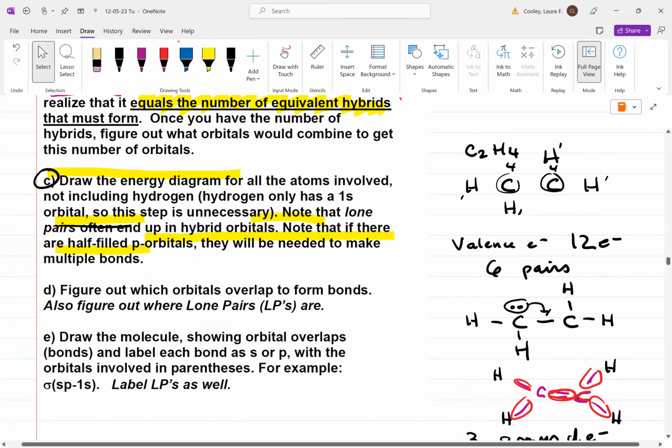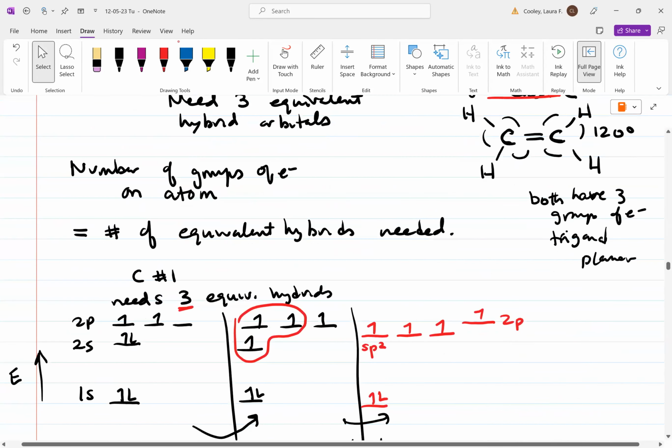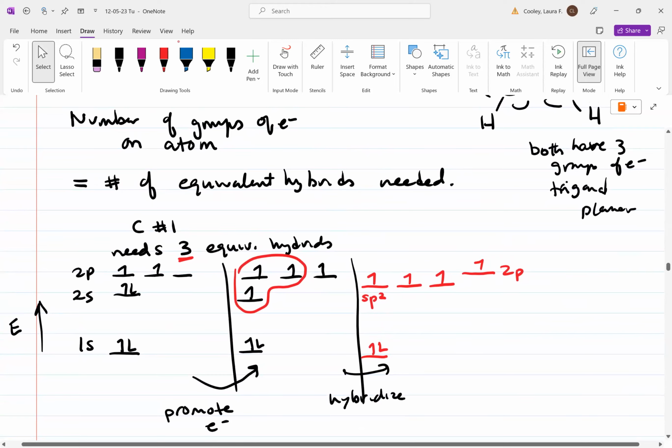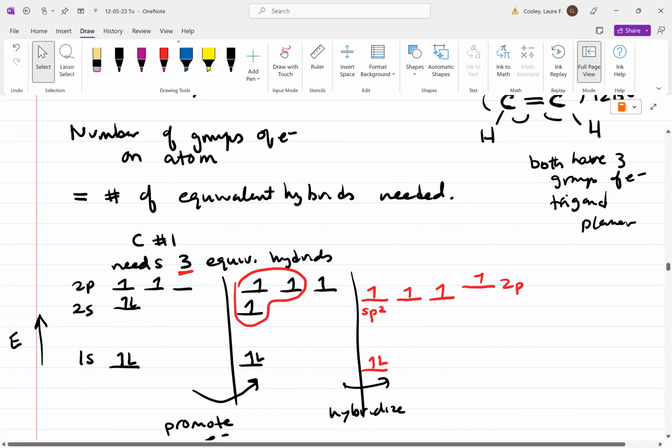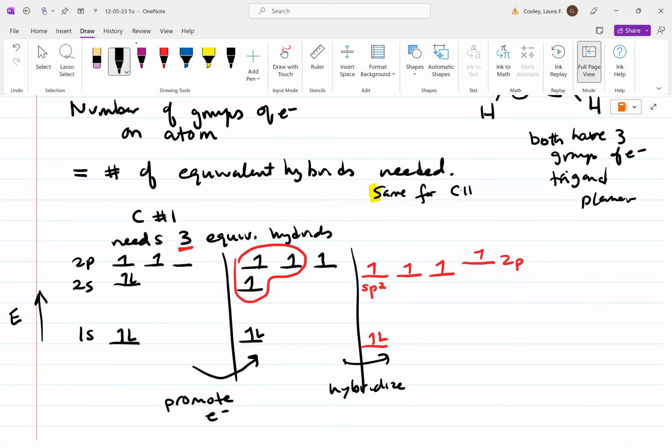Okay, the next thing we're going to do is to draw the energy diagram, which I already did on the previous video. So if you remember, this is for each carbon. This is for carbon number 1, but it's the same for carbon number 2. Carbon is 1s2, 2s2, 2p2.